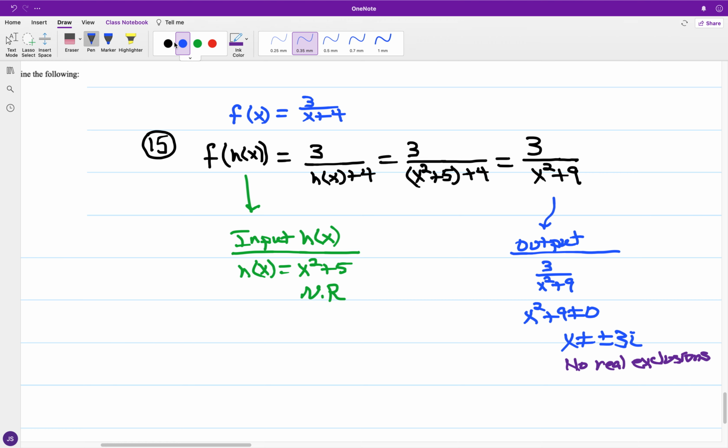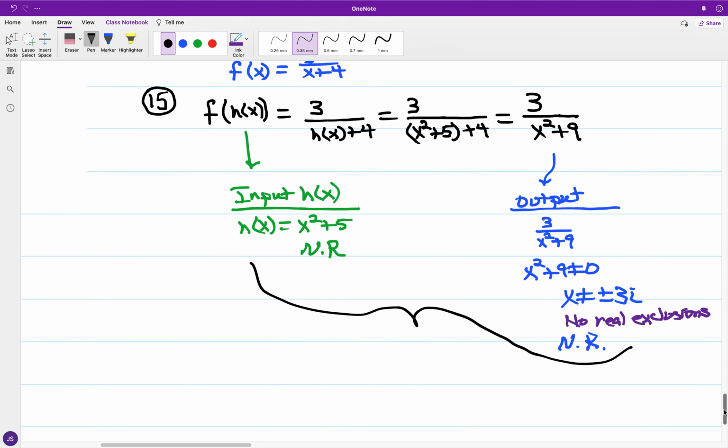That means for the output, there's no restriction. So between the input function and the output function, we have no restriction at all. And so that means for 15, we have the domain to be the set of all real numbers.